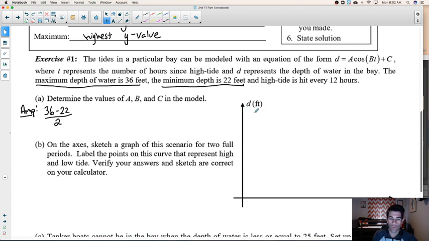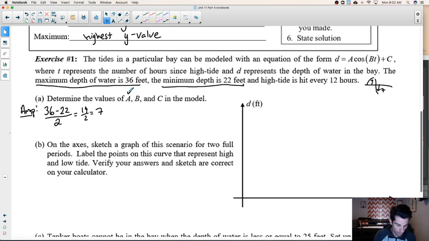We're subtracting the highest and lowest value, which is 14 over 2, which is 7. So by definition, amplitude is the distance from the midline, so it's going as high as up 7 feet and as low as down 7 feet. That figures out our A value.